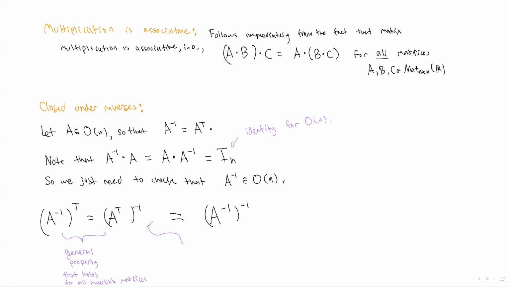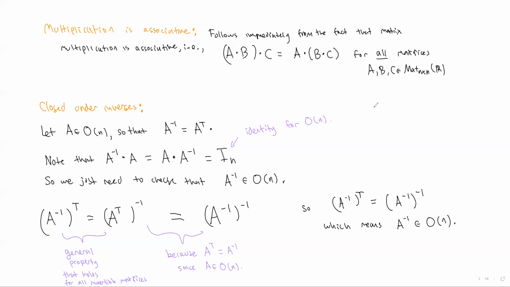That's because A transpose equals A inverse, since A is in O_N. So A inverse transpose equals A inverse inverse, which means A inverse is an element of O_N, which is what we want to show. So O_N is a group. We've checked everything.